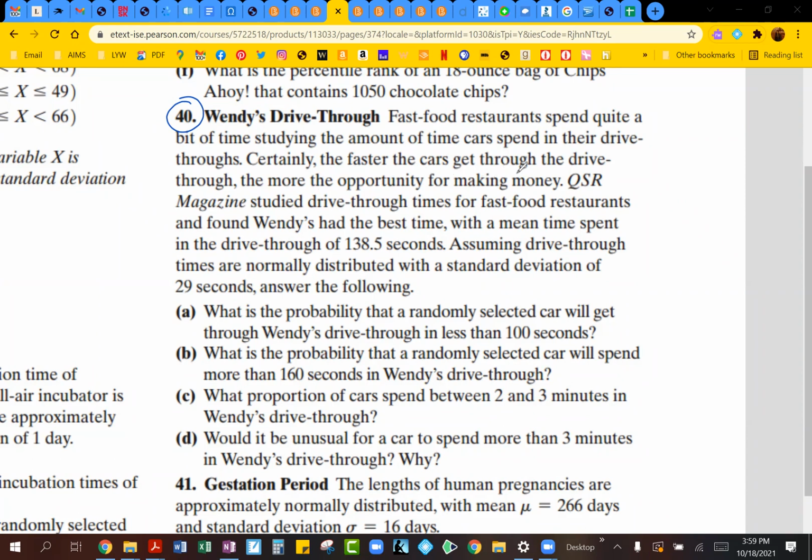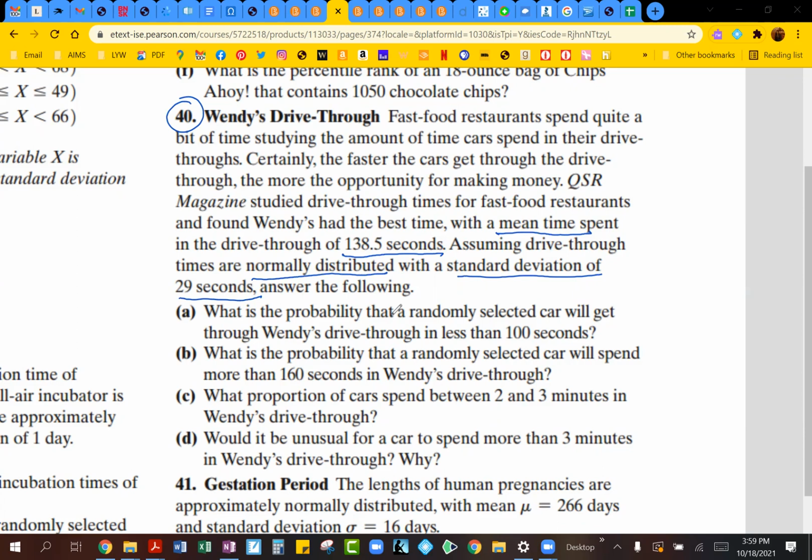Certainly, the faster the cars get through the drive-through, the more opportunity of making money. So QSR magazine studied drive-through times for fast foods and found that Wendy's had the best time, with the mean time spent in the drive-through of 138.5 seconds. Assuming that the drive-through times are normally distributed with a standard deviation of 29 seconds, answer these questions.